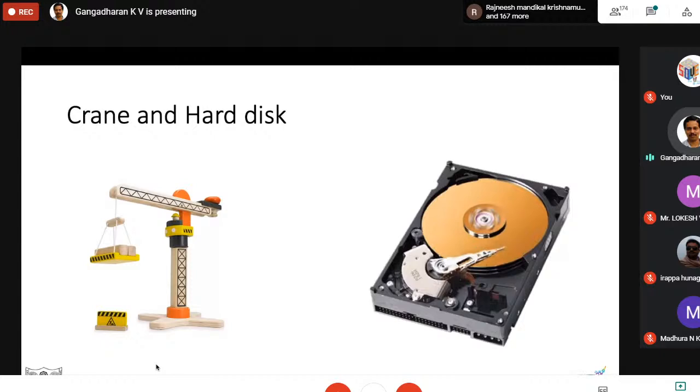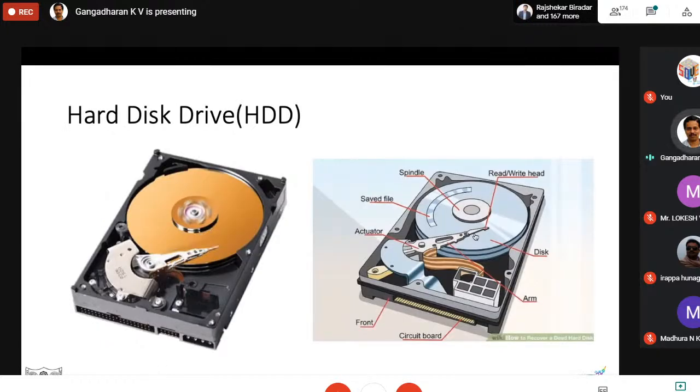I'll take another case, from the hard disk. It has to do with electronics or embedded systems, or people can even argue it is for computer science. Now the problem I am facing here is that the disk is rotating at 7,000-plus RPM, and the arm, which has to move from sector to sector to read as well as write the information, has to move so quickly that the time to fetch the data is reduced.